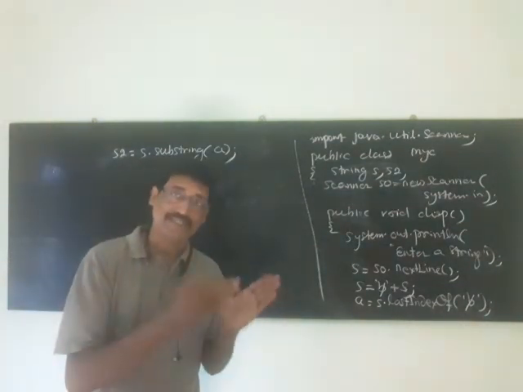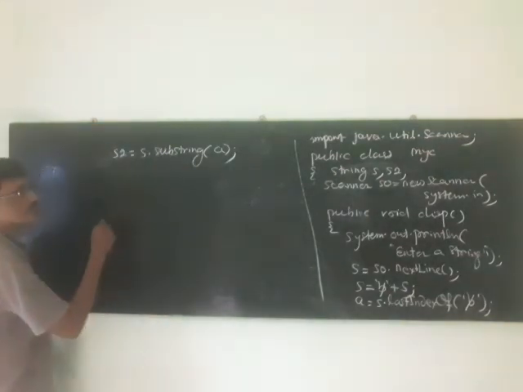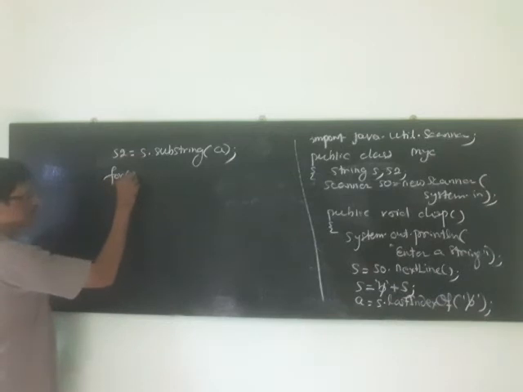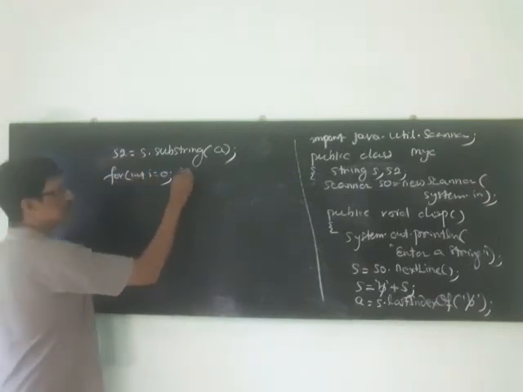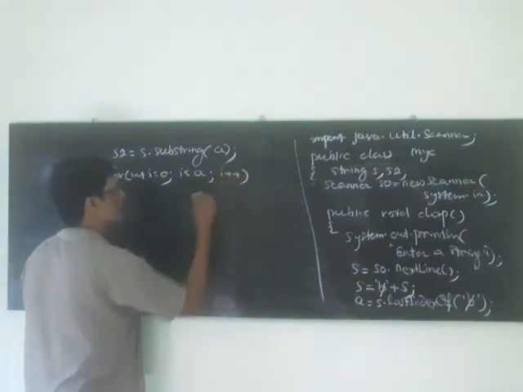Now what you do? You have to select the first character of all the words of the remaining string, that is from 0 to a. Take the for loop: for int i is equal to 0, i less than a, i plus plus.